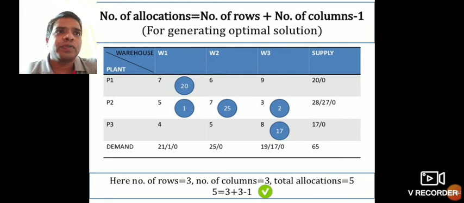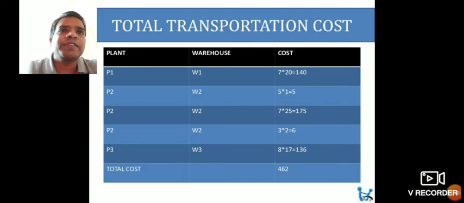Now how are we going to find out the transportation cost? We only consider the allocation cells from the previous step. Consider the allocation cells: P1 to W1, that is 7 into 20, that gives 140. Then P2 W1, 5 into 1, that is 5.